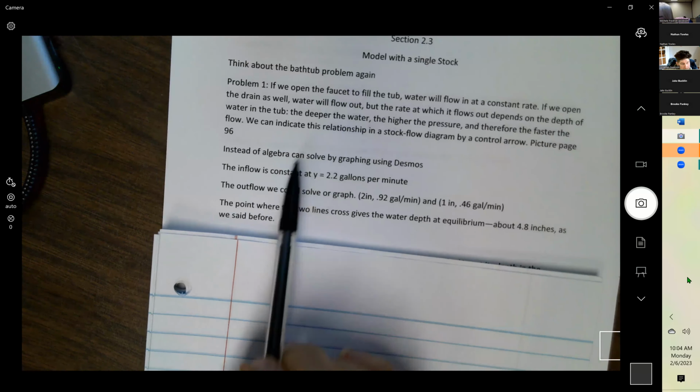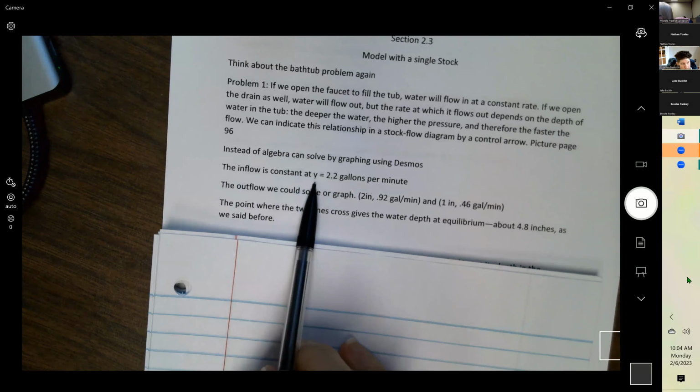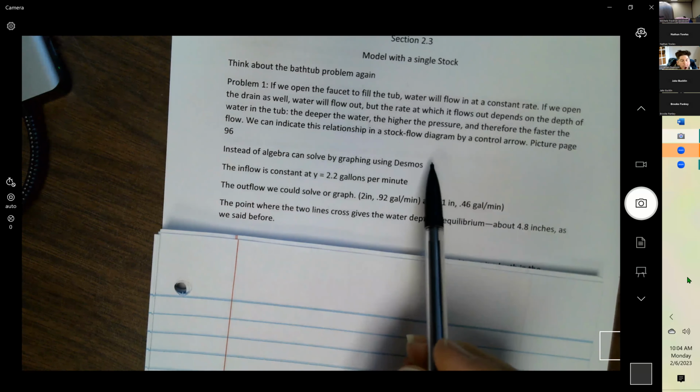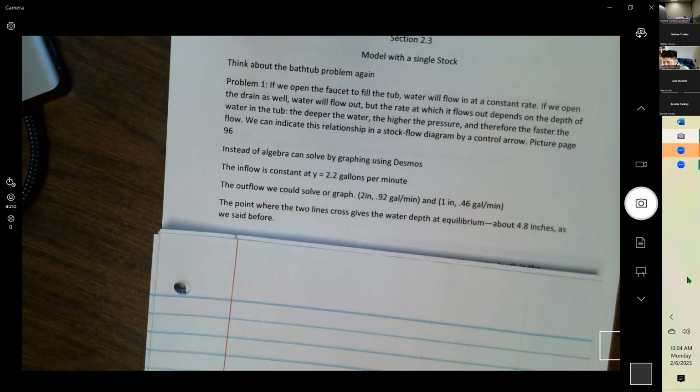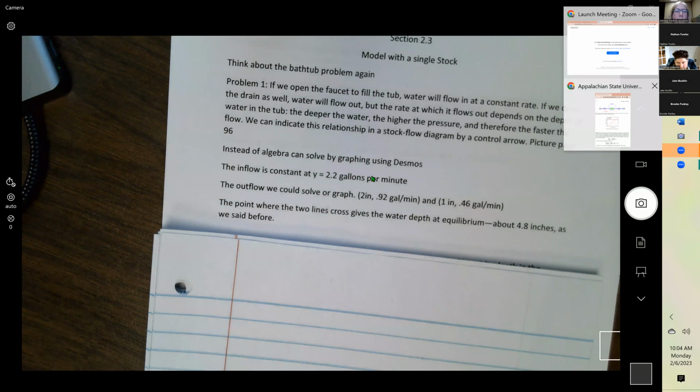They told us that the inflow was constant, 2.2 gallons per minute. It's probably in the book, and I just didn't write that part down.